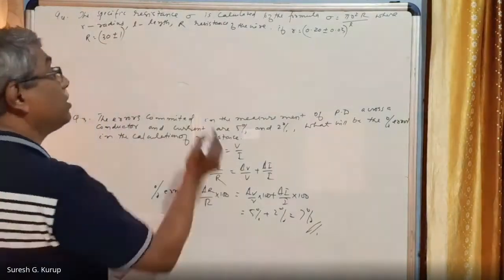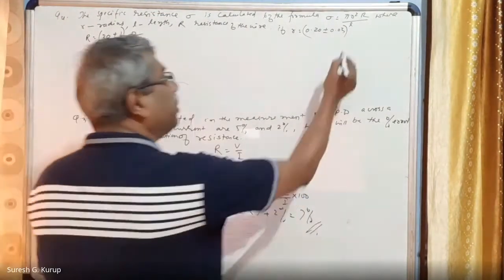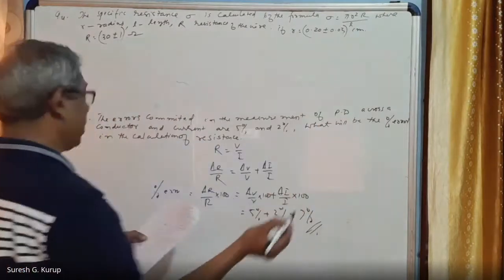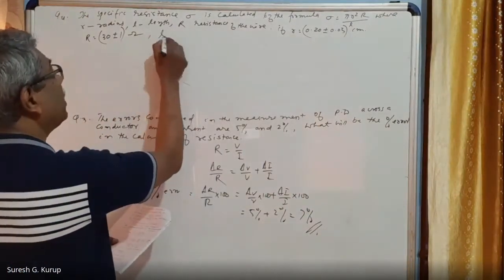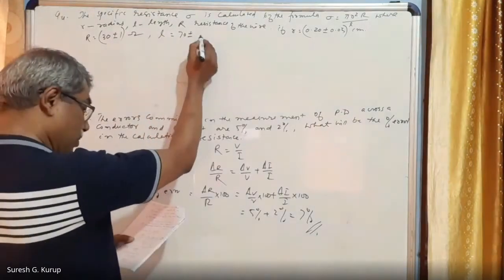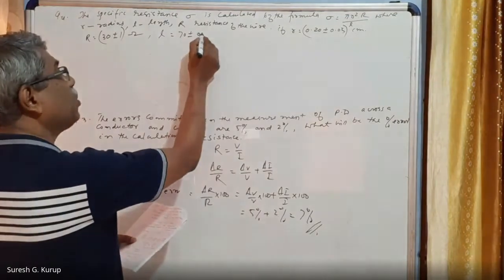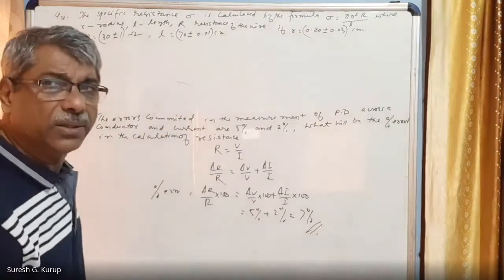Resistance. This is in ohms, and this can be in centimeter. And the length L is equal to 70 plus or minus 0.01 centimeter. So these are the things.